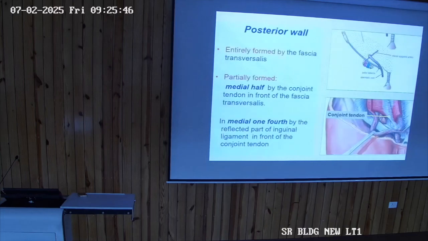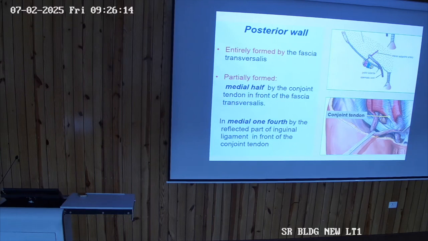Then the posterior wall is formed mainly by the fascia transversalis. But the fascia transversalis is a very thin structure. As compared to the muscles, it is quite thin. So it is reinforced, in the medial half, by the conjoint tendon in front of the fascia transversalis.